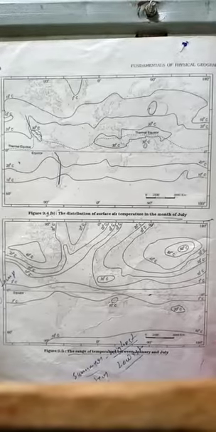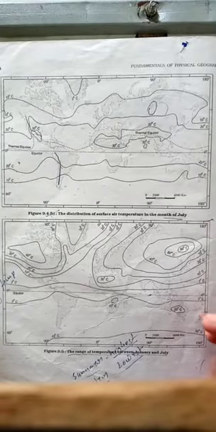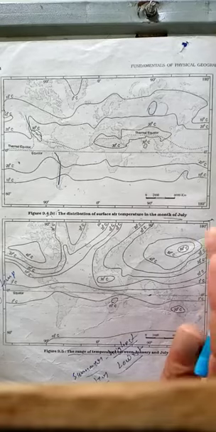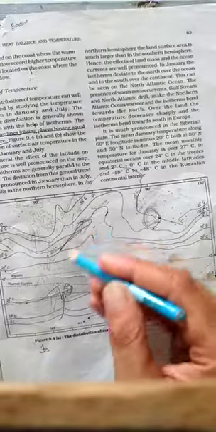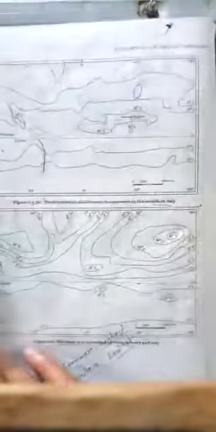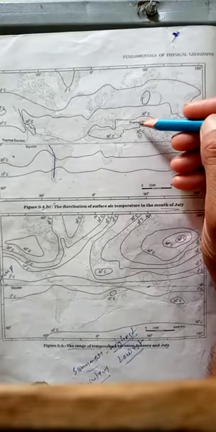During the northern hemisphere summer, there are fewer isotherms and they are widely spaced as compared to January isotherms. You can see in January these isotherms are much closer to each other, but in the month of July these isotherms are spaced from each other.